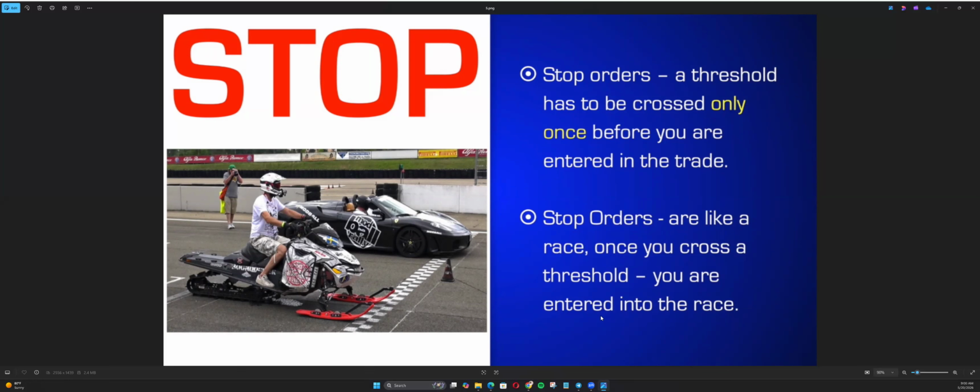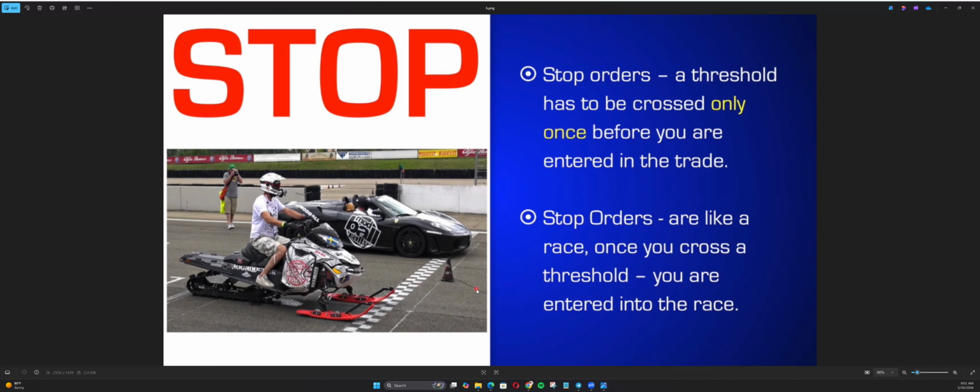Once you cross that line, you have entered into the race. Once the gun is shot or the whistle is blown, they start running, and once they cross here, they have entered the race.